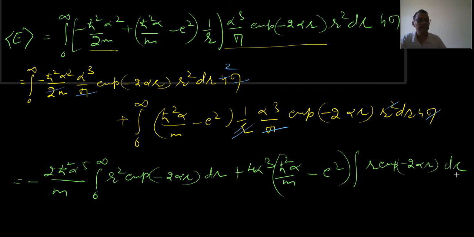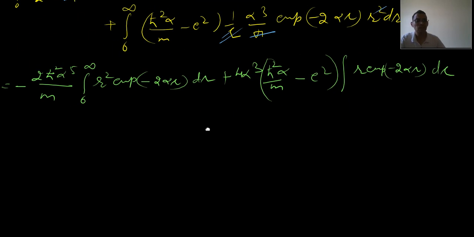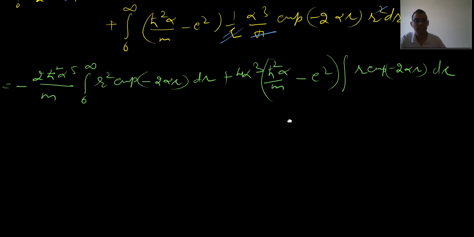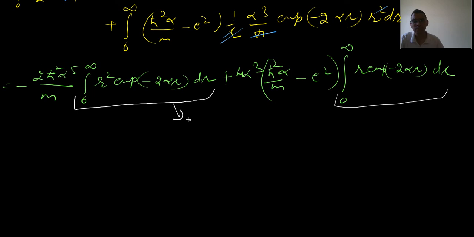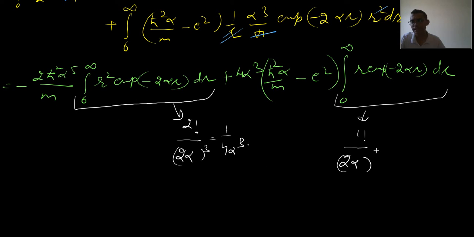Now let us have a look at these two integrals, and this integral is again from 0 to infinity. So this integral is 2 factorial over 2α raised to power 3, so it can be written as 1 over 4α³, and similarly it is 1 factorial over 2α raised to power 2, so I can write 1 over 4α².